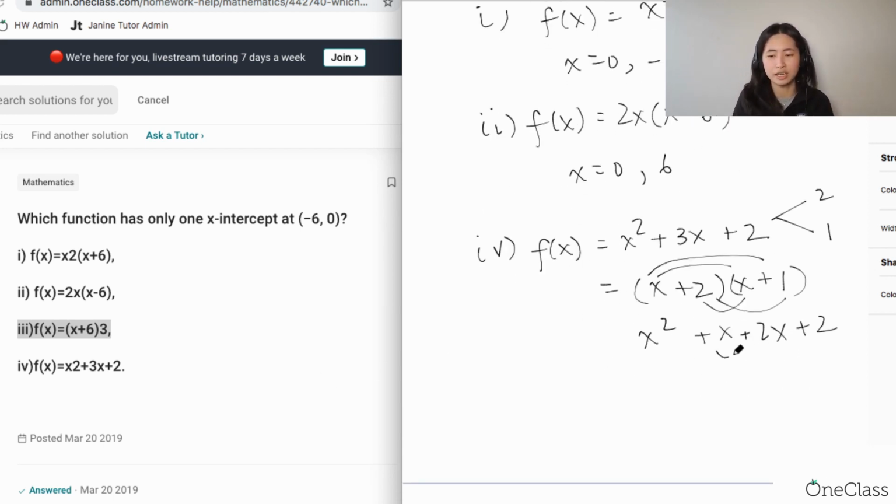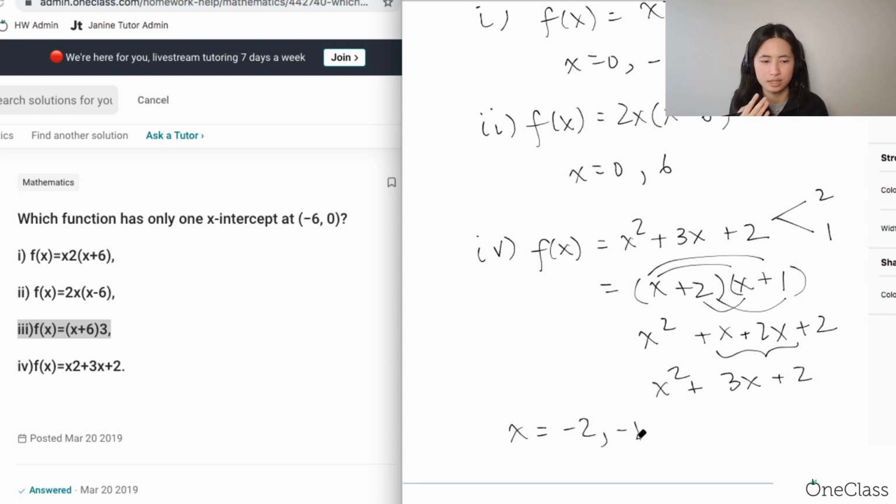Then we can add the like terms, so this is 3x, plus 2, and x squared. So this is, in fact, the factored form of x squared plus 3x plus 2. That's why your x-intercepts are at -2 and -1, so it's not at -6. That's why it's not option 4.